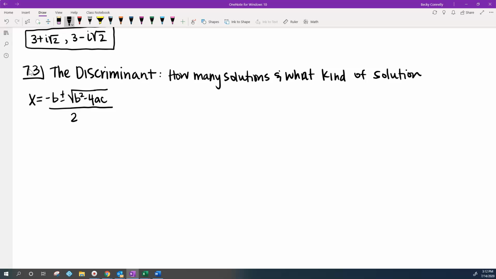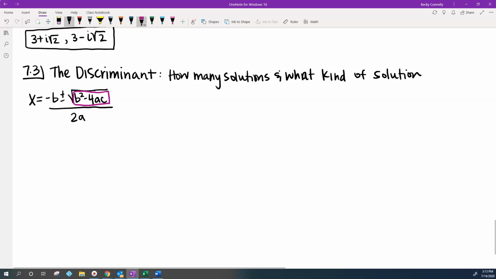All right, so there is our quadratic formula. The discriminant is the stuff under that square root, right? So just this b squared minus 4ac part of it is what we're talking about with the discriminant. So there are 3 different things that can happen.